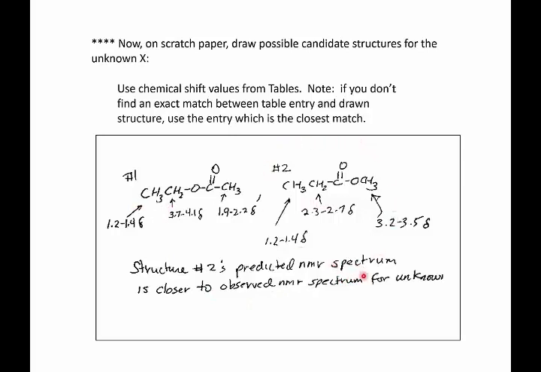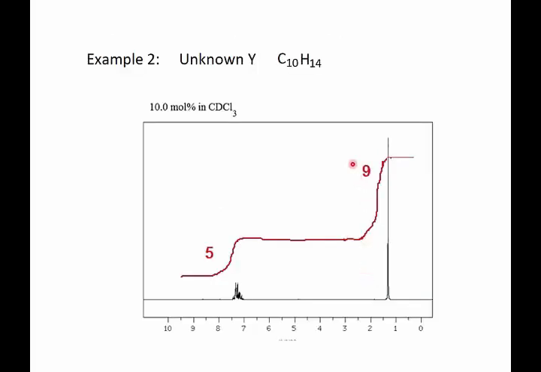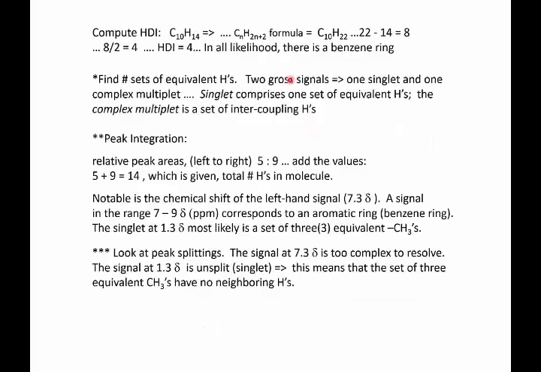All right, another example, unknown Y. The molecular formula is C10H14. Well, let's first calculate the HDI value. Using the CnH2n+2 formula with 10 carbons, we come up with the formula C10H22.